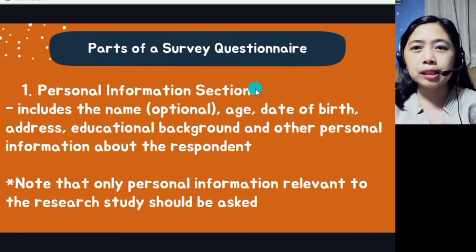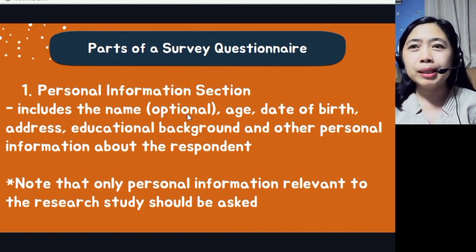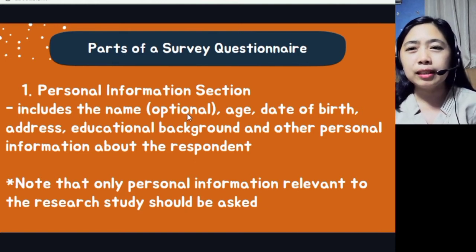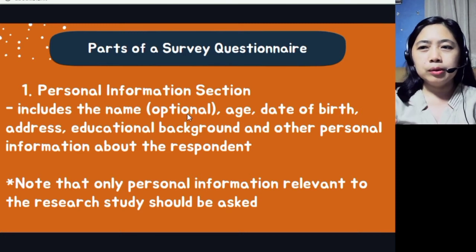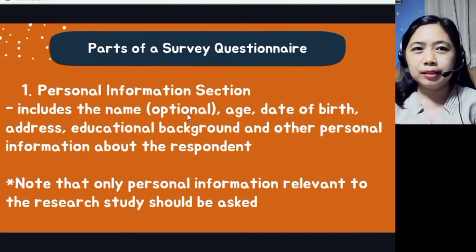The name comes first because that is where you see the name. By the way, the name is optional, because some may refuse if you are conducting a survey or an interview and you ask for their name. Most likely others would be hesitant to provide their names.